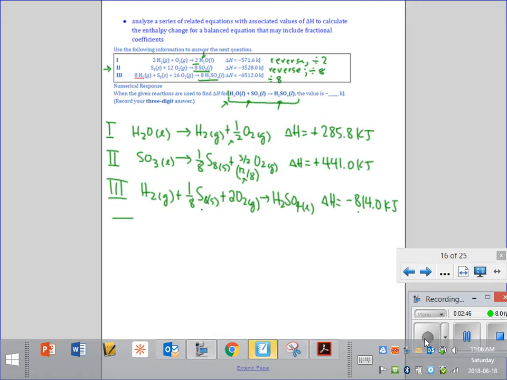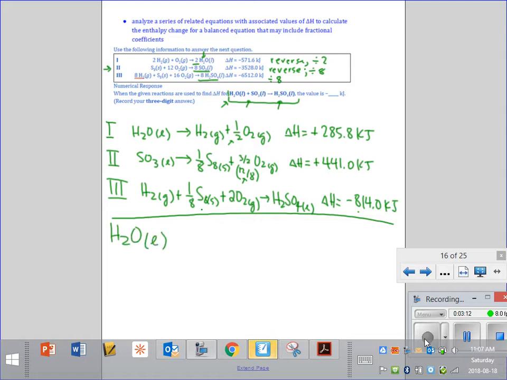Now we're going to check and make sure that all of these changes give us the overall reaction that's shown above. So I'm going to check for things that show up on the product side and on the reactant side and see if I can cancel them out before I write what I have overall. For example, I'm going to take a look at water first. I have 1 mole of liquid water here, and there's no water anywhere else.